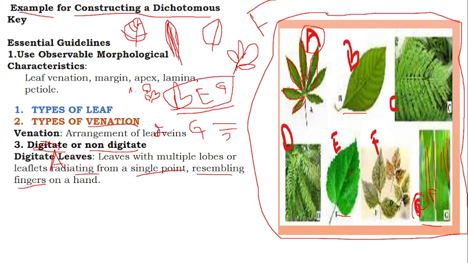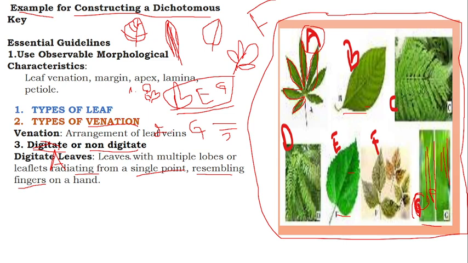Okay. So now, based on non-digitate, these E and B are still non-digitate. Their leaves are still okay. They are not divided. They have only a single lamina.